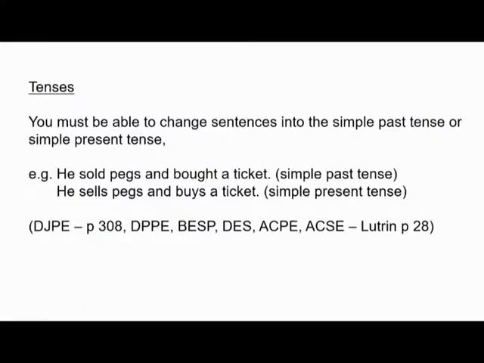Now going to tenses. You must be able to change the sentences into the simple past tense or the simple present tense, or it could be the simple future tense as well. For example, he sold pigs and bought a ticket, which is the simple past tense. But now you change it to the simple present tense, which says he sells pigs and buys a ticket.